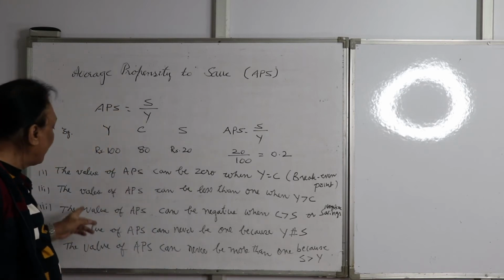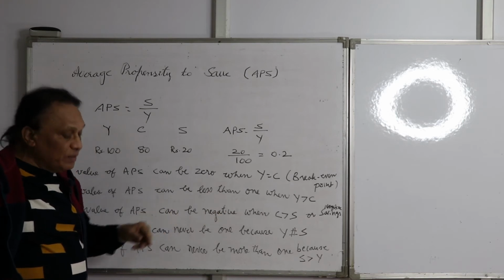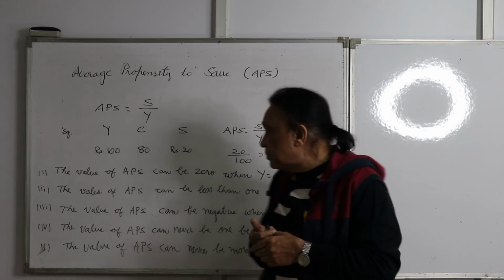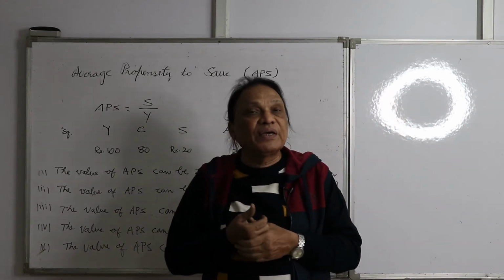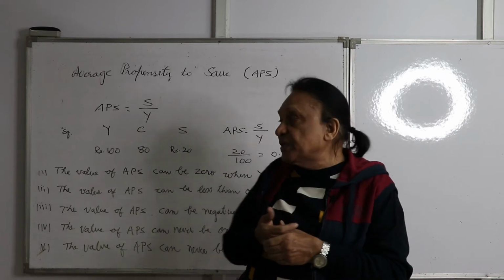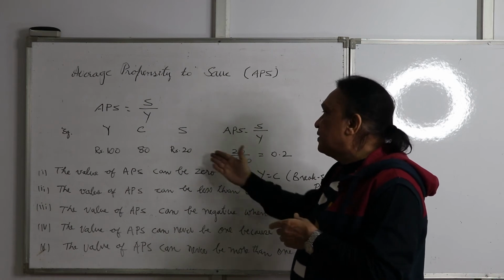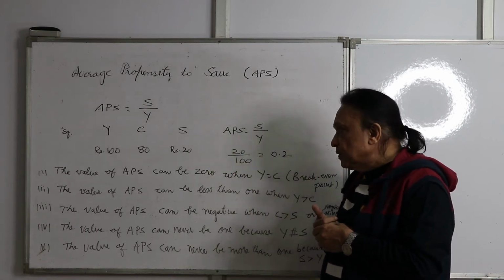The second point you have, the value of APS can be less than 1. Why? When income is greater than consumption. For example, income is 100, consumption is 80, so savings are 20, and 20 upon 100 is 0.2, which is less than 1.